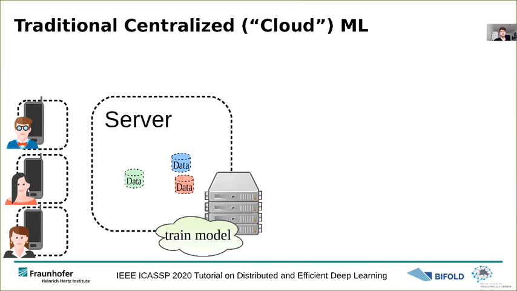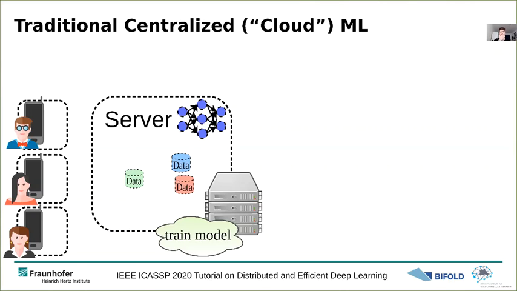The server then trains a model on all of this data, and this trained model can then either be sent back to the users that provided the data, or the model can be used in a completely different way. This is what's mostly done right now, because of course it offers many advantages.